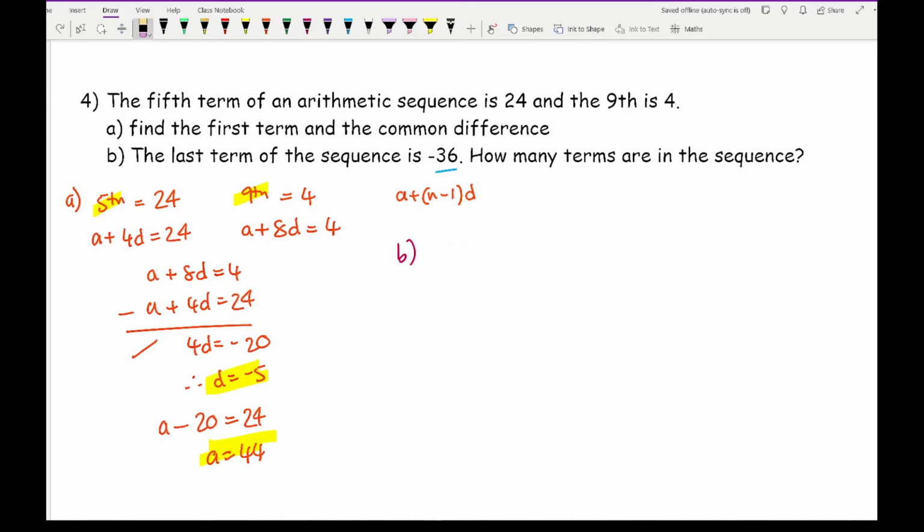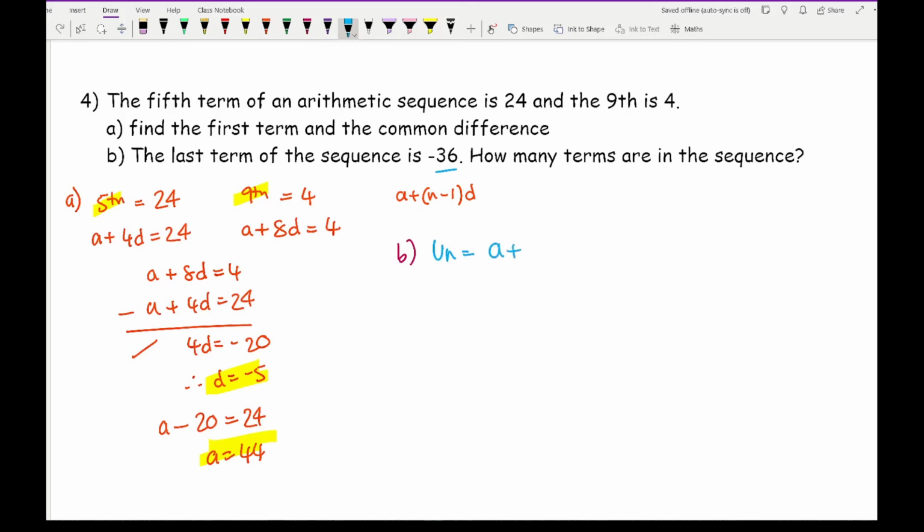So what I want to know is which position minus 36 is in the sequence. I could simply start with 44 and keep taking away 5 on my calculator, but a much more efficient way is using the formula. In terms of the nth term, n is what I'm trying to find.